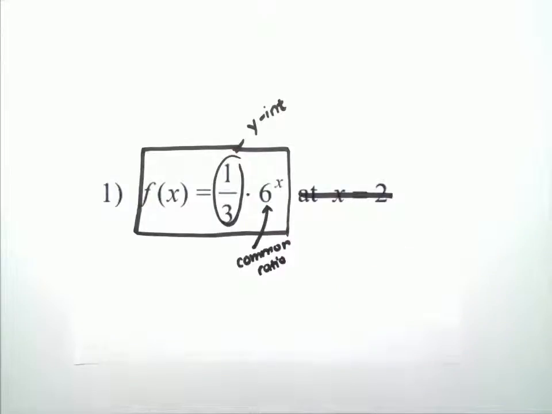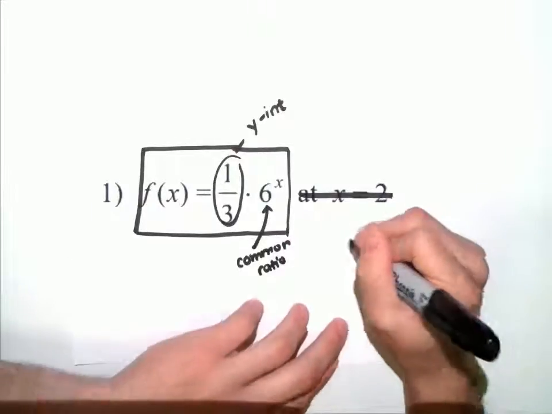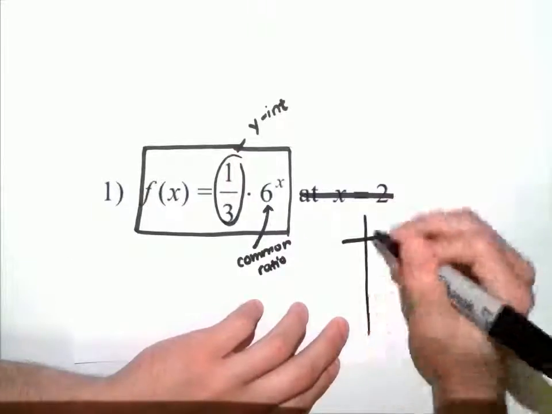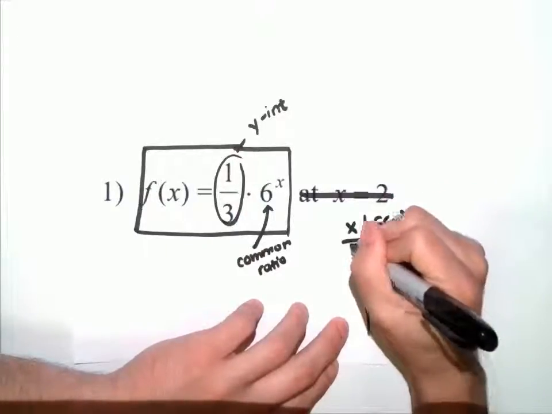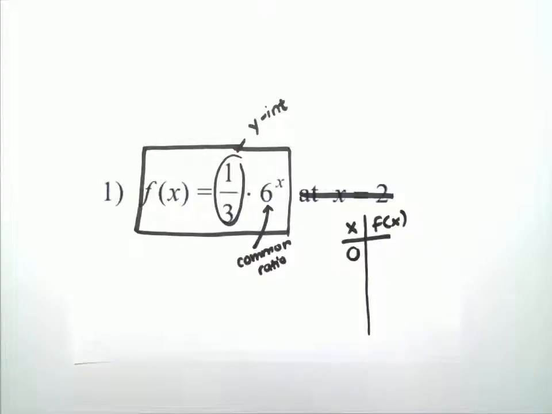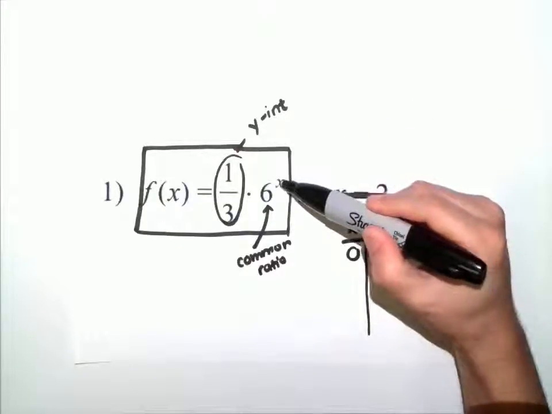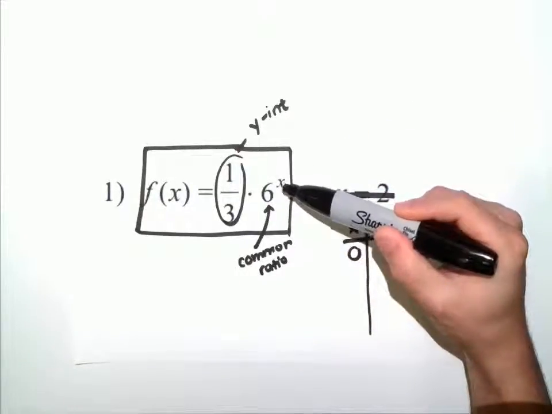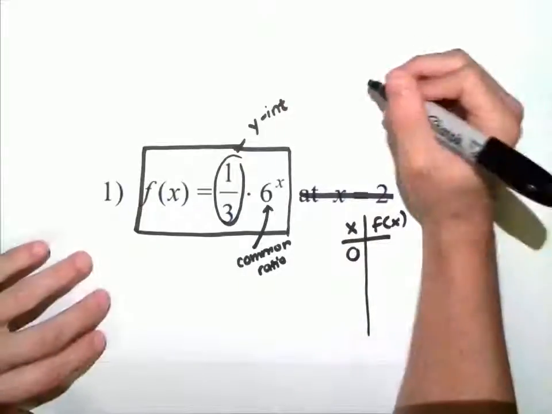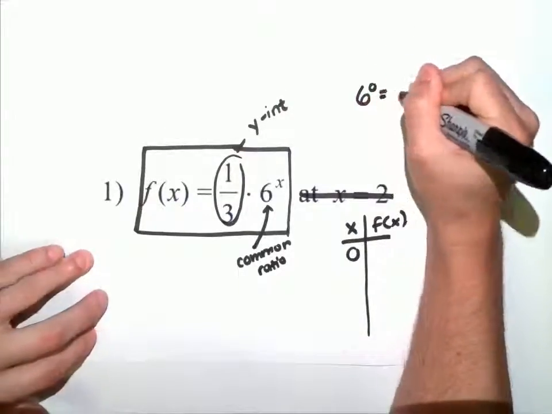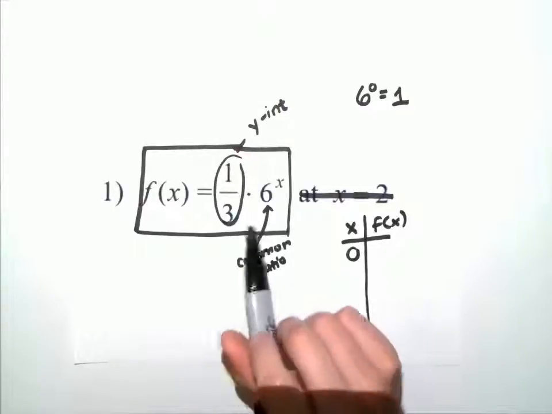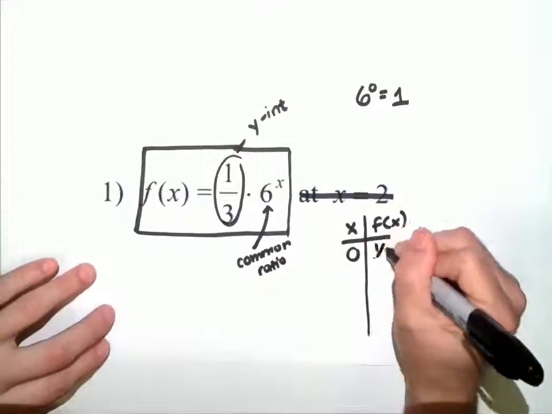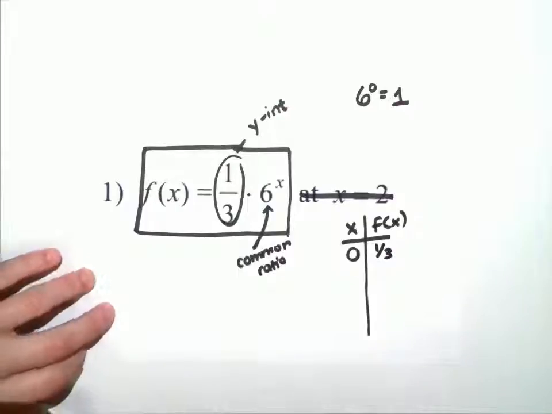If I had to think about what this might look like on an input-output chart with x's and f of x's, if I plugged in the number 0, 6 to the power of 0, anything to the power of 0 is equal to 1. And 1 times 1/3 would just stay 1/3.